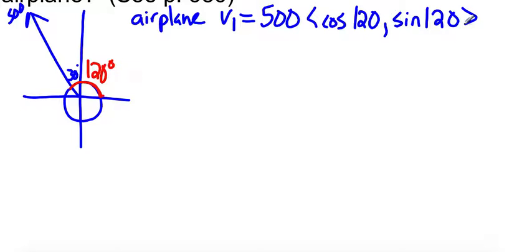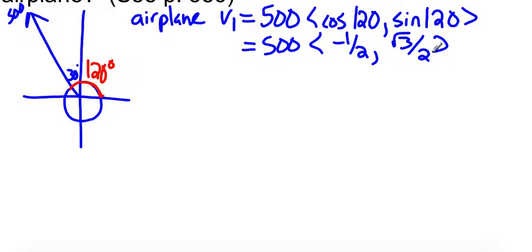But our magnitude and then our horizontal and vertical components are based on our directional angle. Now, I want to evaluate this, but these are special right triangles. I can get exact values on this, which I want because I'm going to be doing calculations on this. So cosine of 120 is negative half, and sine of 120 is root 3 over 2.